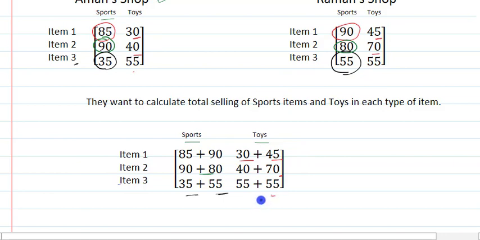So, to calculate the total items sold, we need to add corresponding sports items with sports items and toys items with toys items. After adding, we get a new matrix.